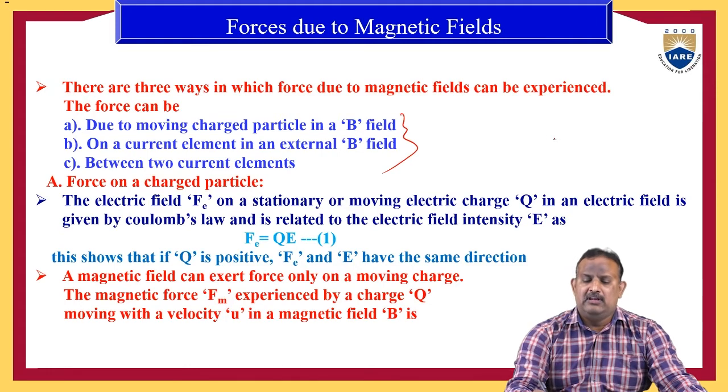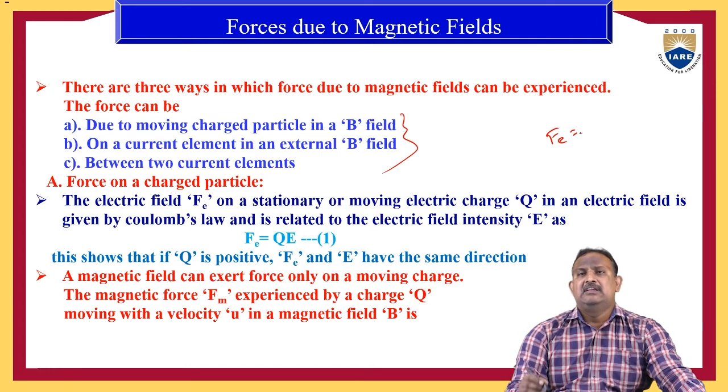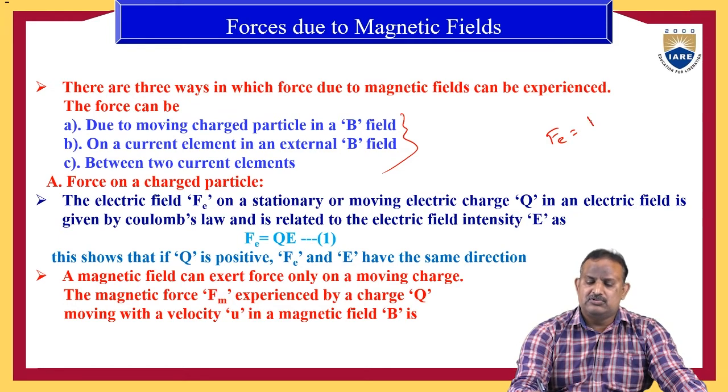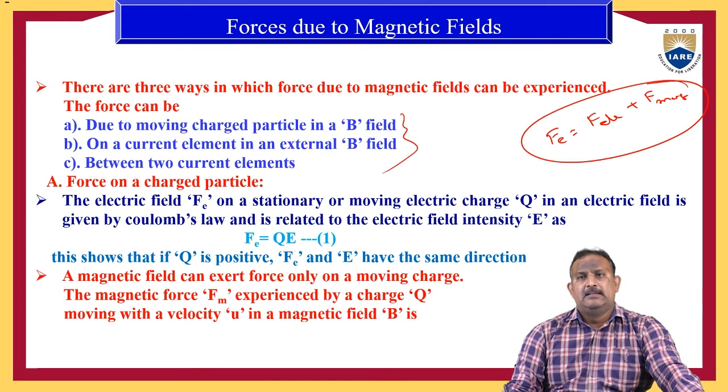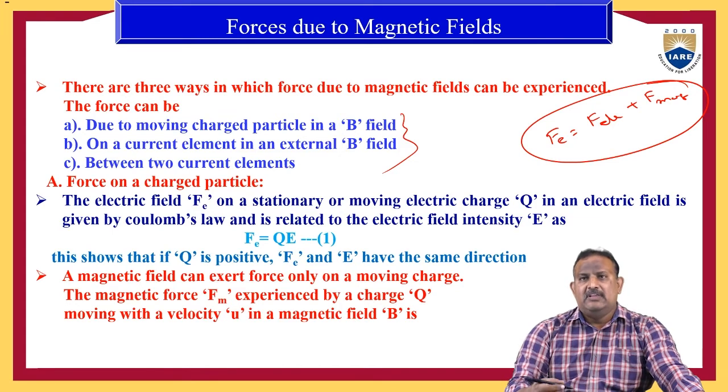Therefore, the total force F on a charged particle is equal to the force due to the electric field plus the force due to the magnetic field. This is the final force on a charged particle. We already know the force on a charged particle in an electric field.